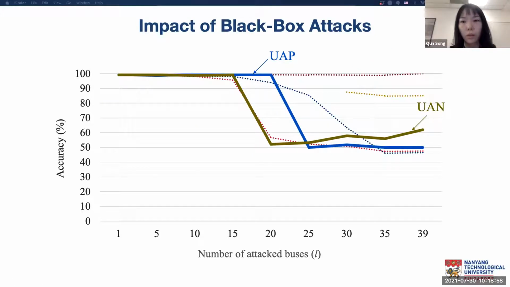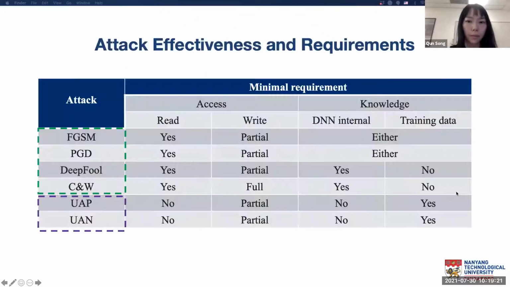For the universal attacks, the UAP and UAN achieve similar effectiveness as under the white box setting. This indicates that the universal attacks do not require the target DNN's internals to be effective. This also suggests that the two universal attacks are more transferable compared with the input-specific attacks considered.